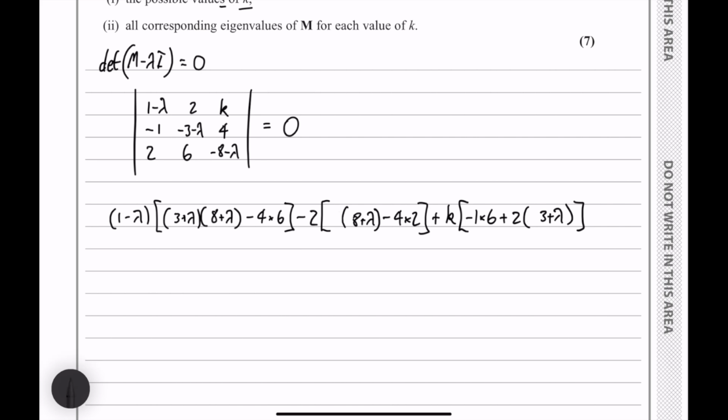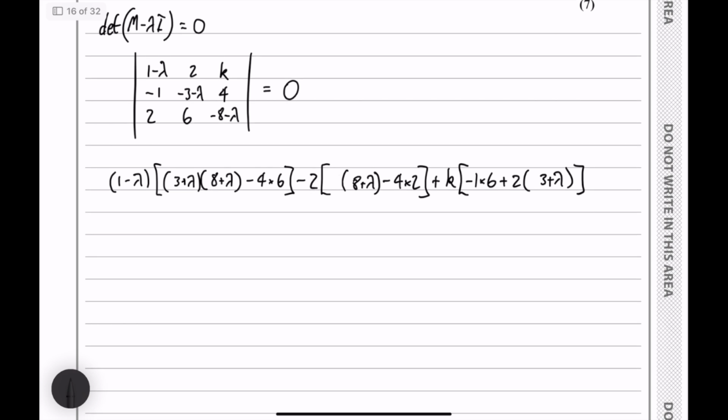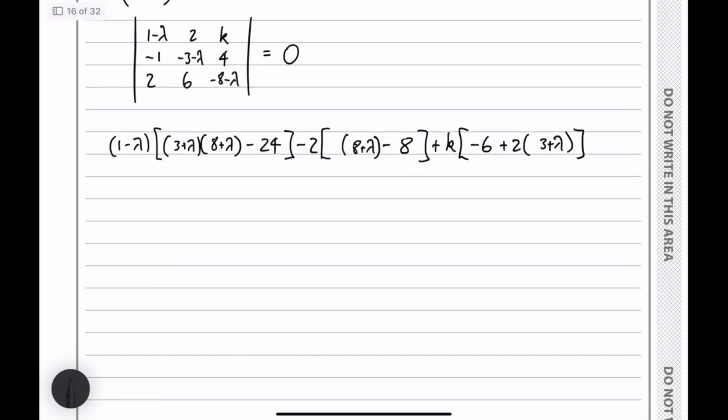Okay, that's much nicer. Now we've got minus 24 there, and 8, and minus 6 here. Okay, I shouldn't do too much simplifying there. Let's make that equal to 0, and then expand.